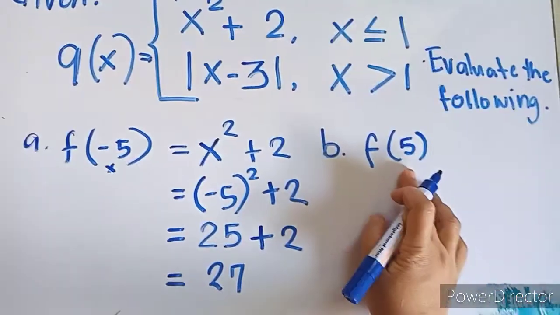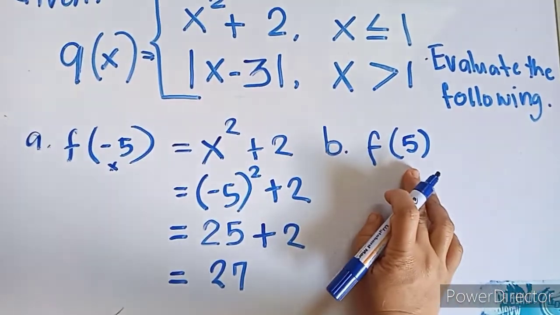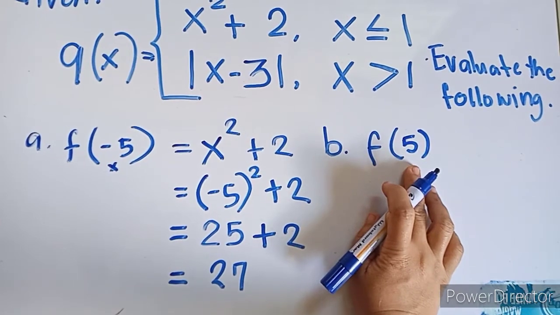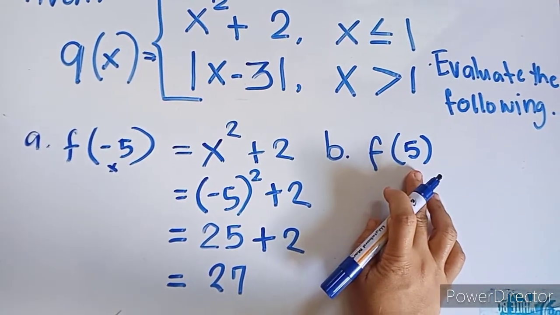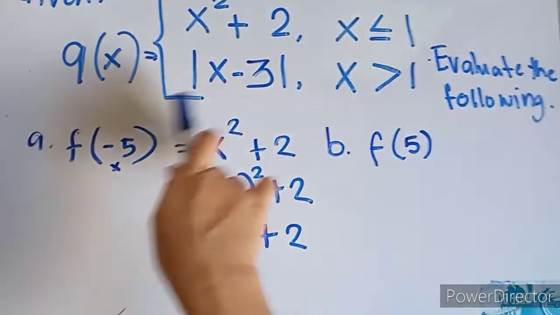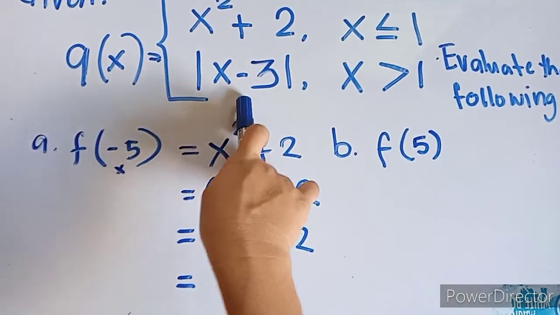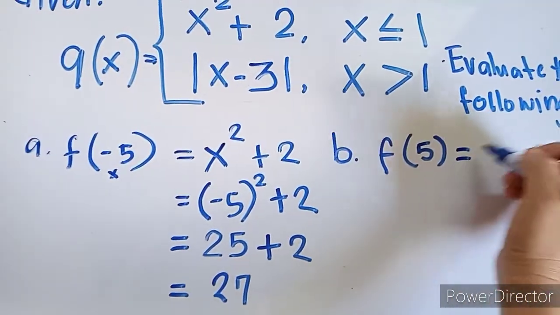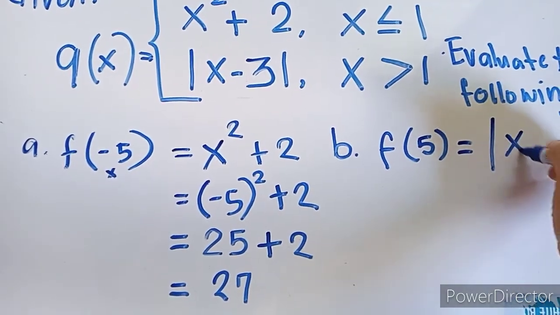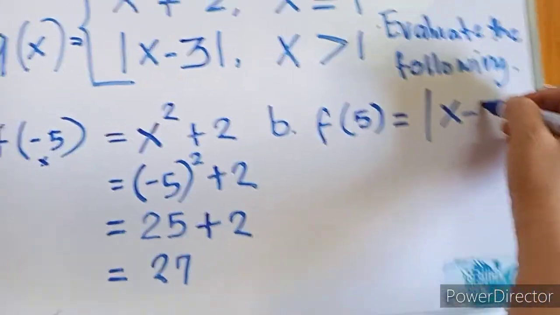Now, what if we're going to evaluate the function for f of positive 5? Now, this is positive 5. Positive 5, is it less than or greater than 1? 5 is greater than 1. So, based on the condition we have x is greater than 1, we will use this function. So, that is equal to absolute value of x minus 3.